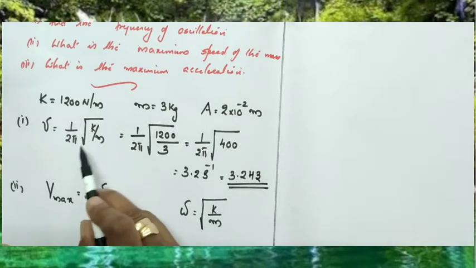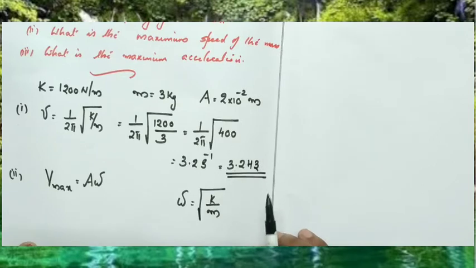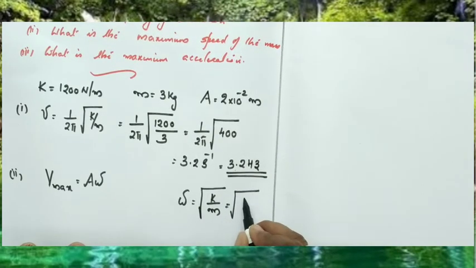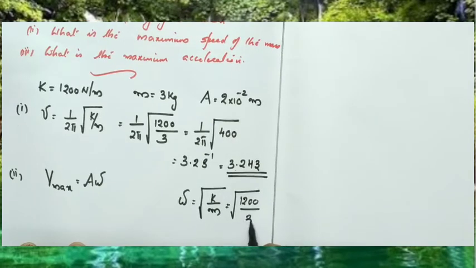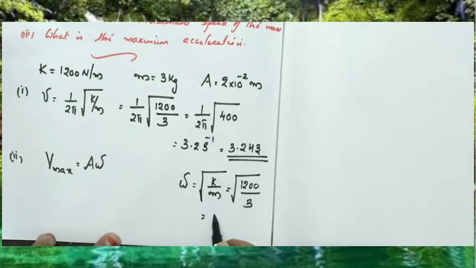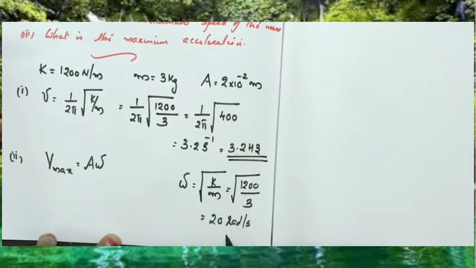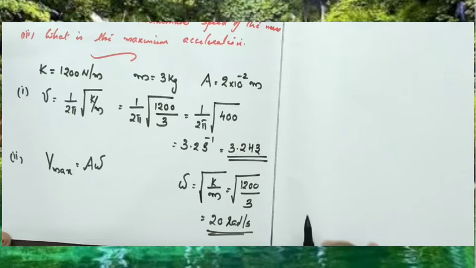Nu is 1 by 2 pi root of k by m and omega is root of k divided by m. After simplification, k is 1200 divided by mass, which is 3 kg. So the value of omega is root 400, which is 20 radians per second.